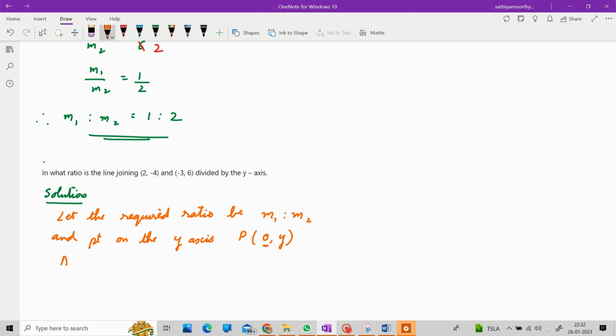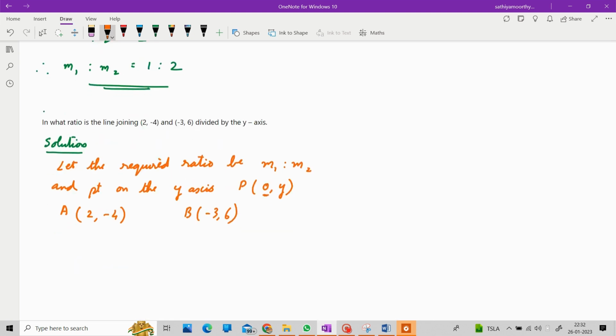Now a coordinate is 2 comma minus 4 and b coordinate is minus 3 comma 6. So now in this problem I know the x coordinate, that is x is equal to 0. So I'm going to use the section formula. The x coordinate I'm going to take.